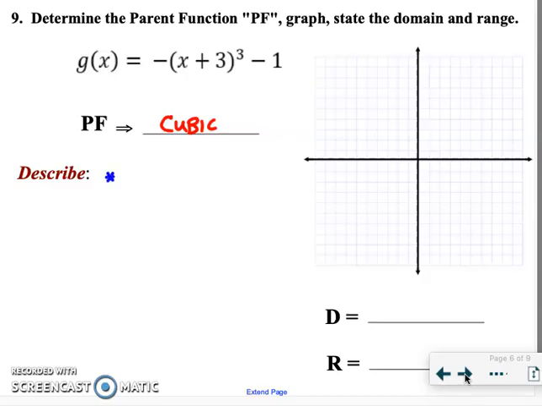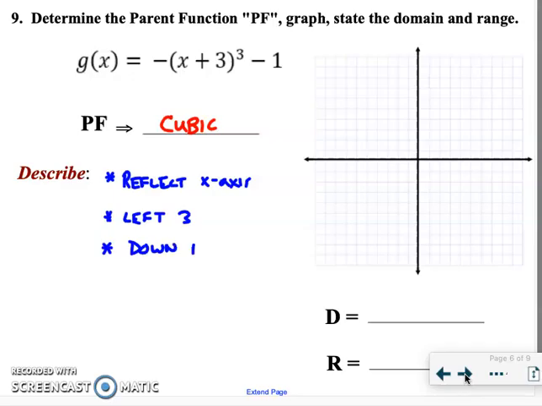That's happening separately, so it affects vertically. So this is a reflection over the x-axis. I also know that the plus 3 within the parentheses means horizontally I'm going to move to the left 3 units, and the minus 1 outside of the parentheses indicates that I'm going to be moving down 1 unit.